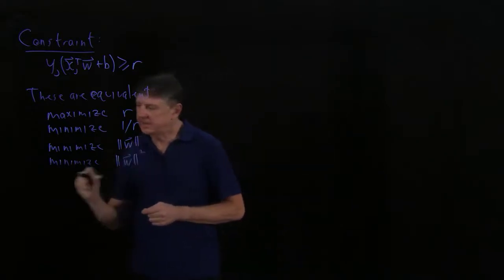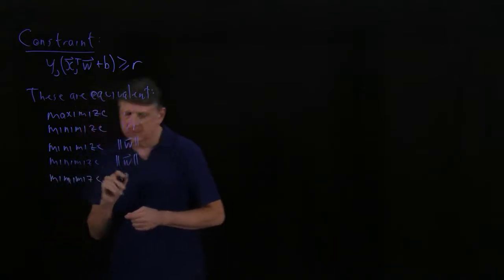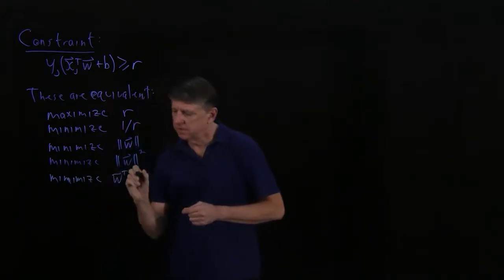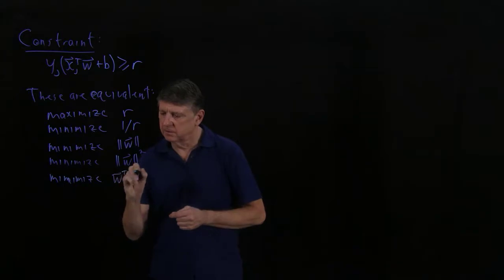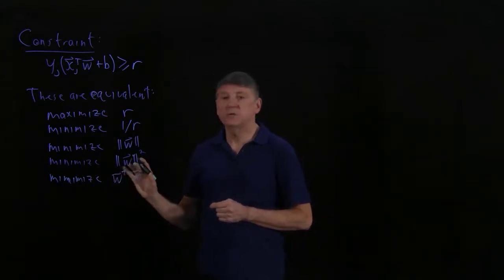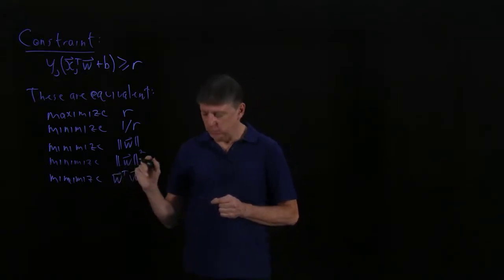And then that is the same as trying to minimize the transpose of the weight vector times the weight vector. So we can now state an optimization as this.